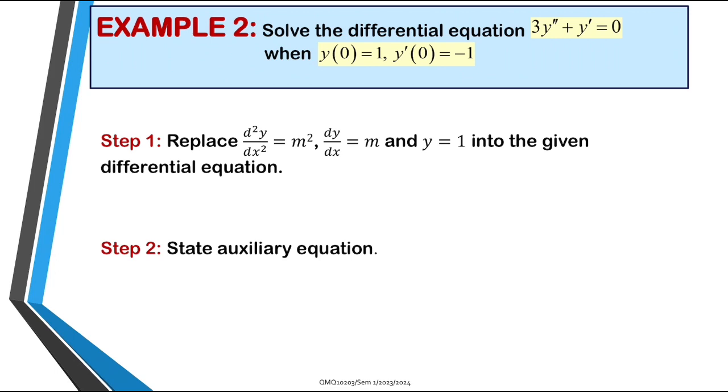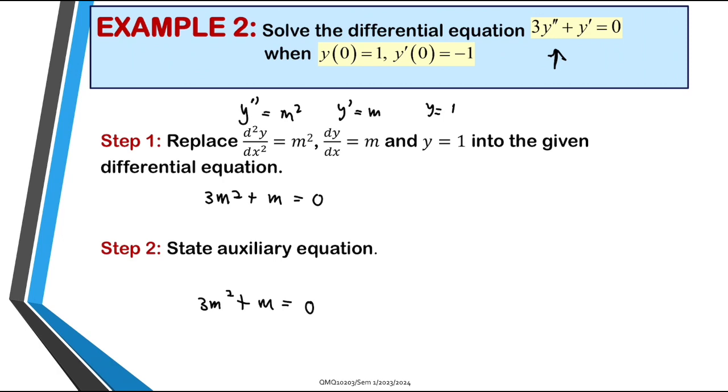So y double prime you change into m squared, y prime you change into m. So we substitute into this equation, and we have 3m squared plus m equal to 0. So what is our auxiliary equation? 3m squared plus m equal to 0.